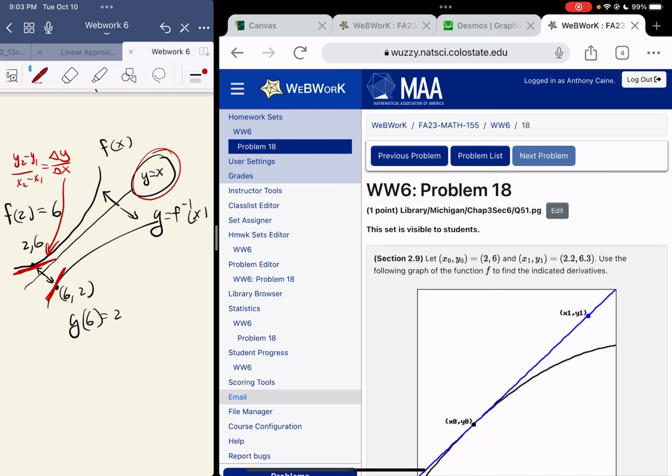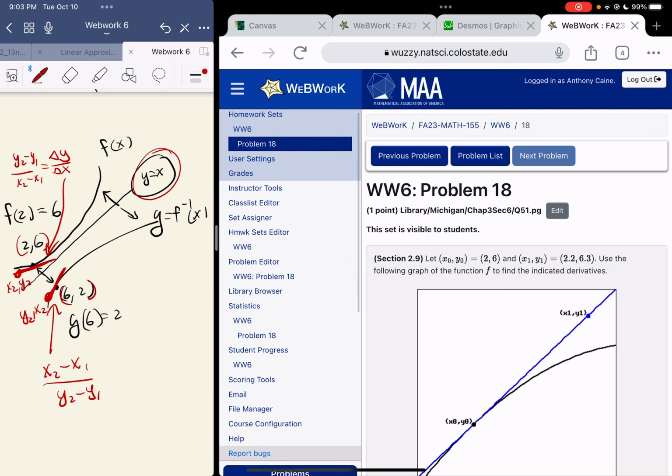But when you swap it, that's like writing x2 minus x1 over y2 minus y1, because I'm literally going to swap, like how 2, 6 became 6, 2, I swap all the x and y values. So what used to be x2, y2, like some spot here, goes over here, and now it's y2 comma x2, where I'm referring to the numbers.